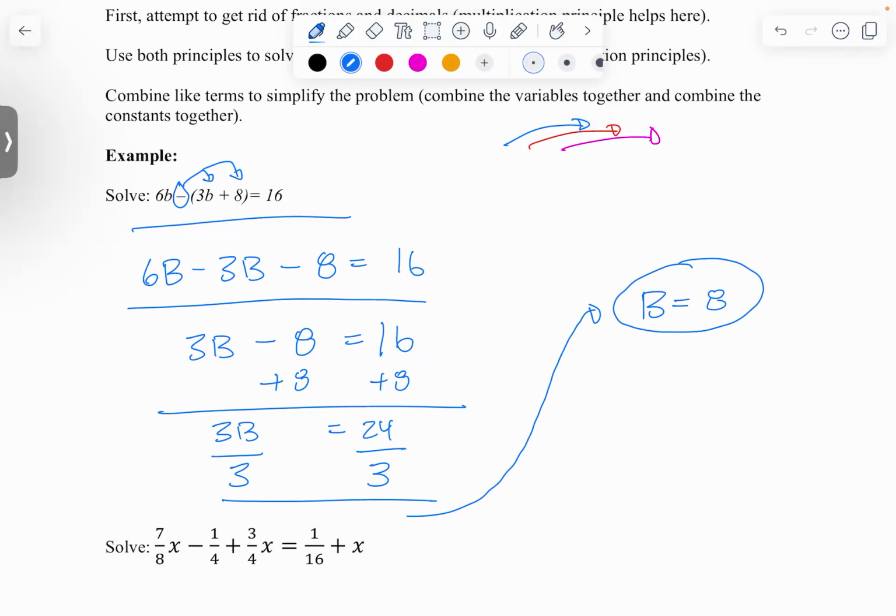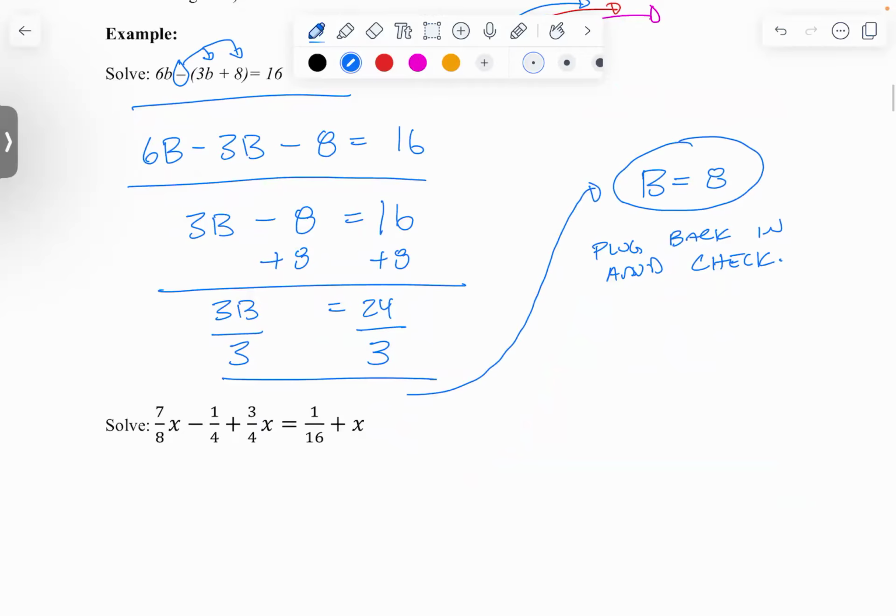It's also good to plug this back in and check. So 6 times 8, 48, minus 3 times 8 is 24 plus 8.